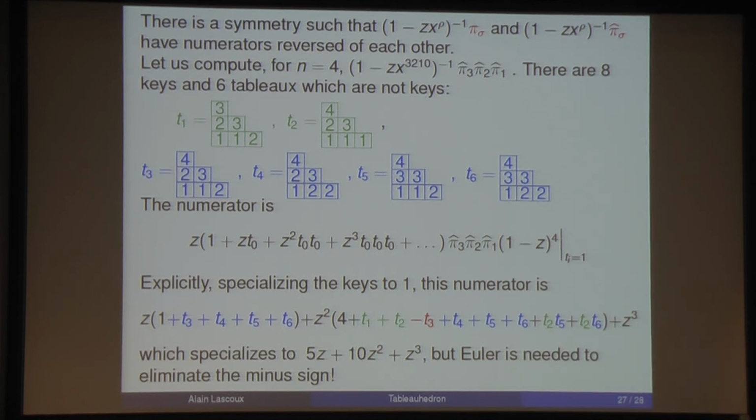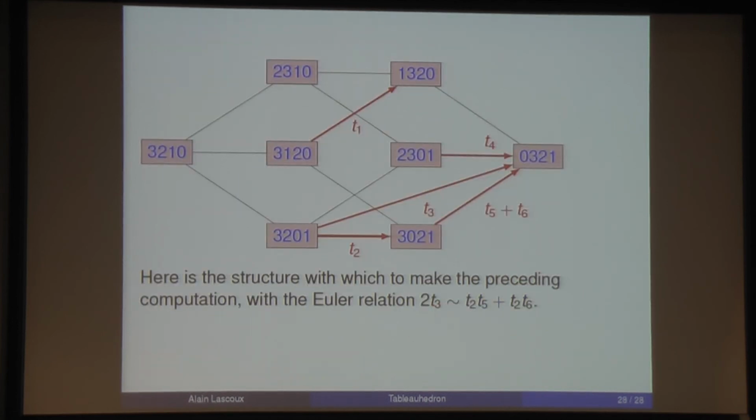So when we want a combinatorial interpretation, we want only positivity, but we have the Euler relation. So here I decode graphically the algebraic computation. We have this structure with 8 permutations. I prefer to take permutations of 0, 1, and 3. And we have 6 tableaus, which are labels. And now there is the minus t3.